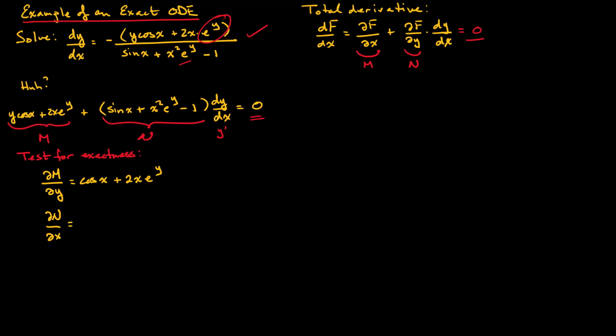So we see that the derivative of sine x with respect to x will be equal to the cosine of x plus 2x e to the power of y. So we see that both of these are equal. Therefore, we indeed have an exact differential equation.